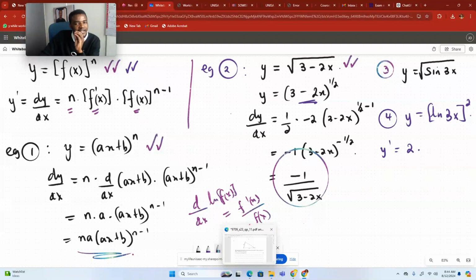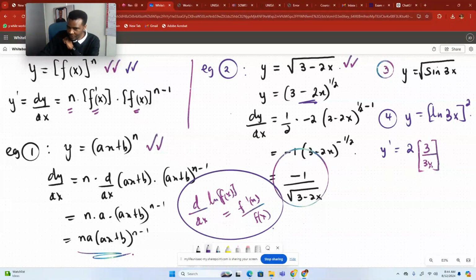So for you to differentiate ln of 3x, you need to find the derivative of 3x first, which gives you 3, then you divide by 3x. So yes, this is the derivative of ln of 3x. 3 over 3x. Which rule have we applied here? We have applied this rule to differentiate ln of 3x. So yes, we get 3 over 3x.